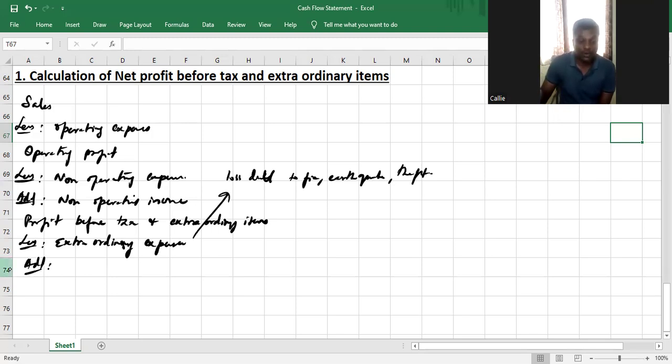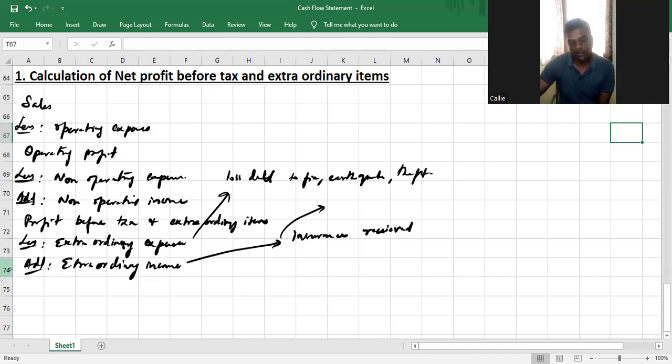And you add the extraordinary income, which might be insurance received against the above losses, or government subsidy given during that year. Those things. You get profit before tax.